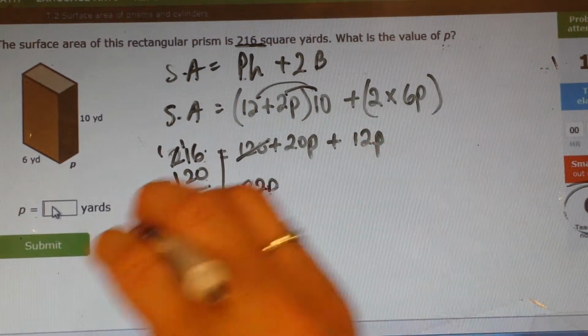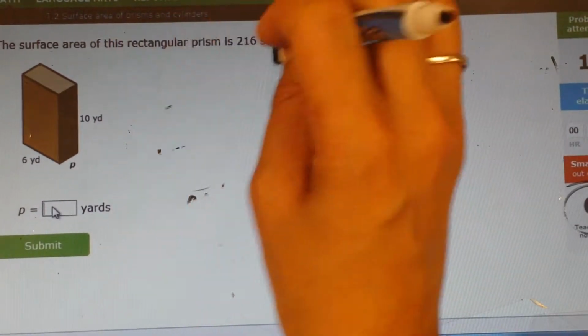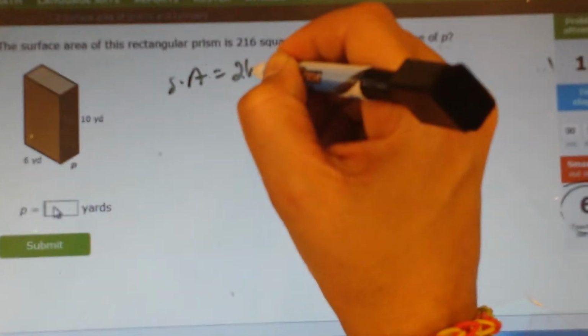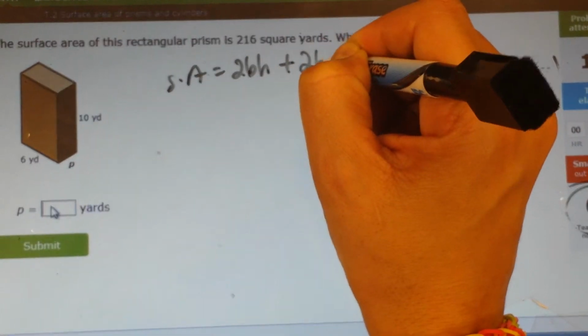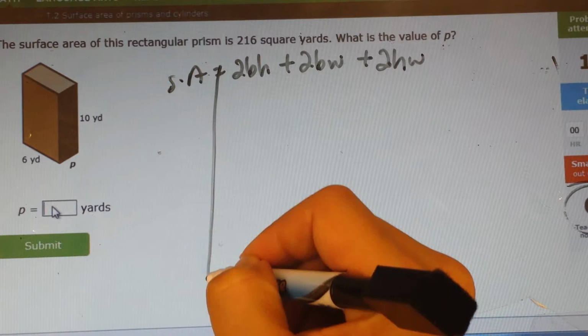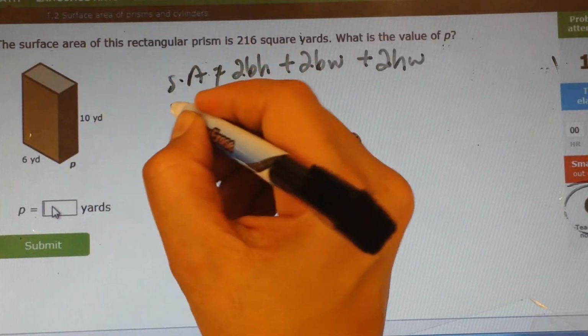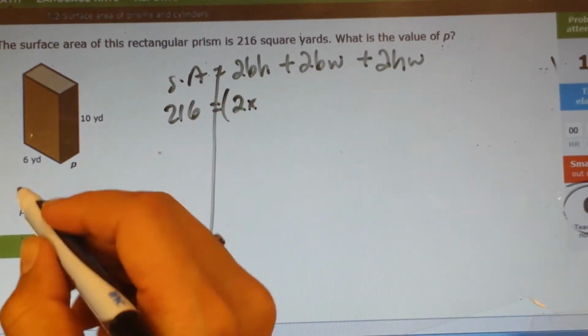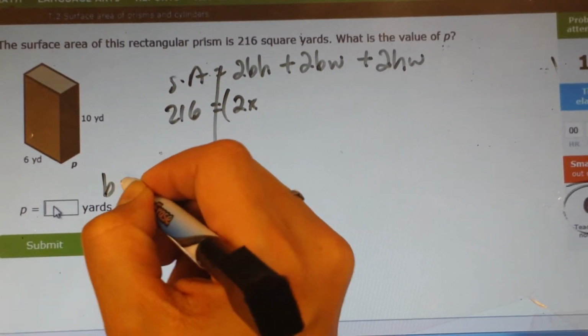I'm going to show you how to use the other formula too, just in case that one was a little bit confusing to you. So surface area is equal to 2BH plus 2BW plus 2HW. Again, same thing, just put in numbers. So surface area is 216 equals 2 times B. Okay, so I'm just going to label what this is so I don't have to look.